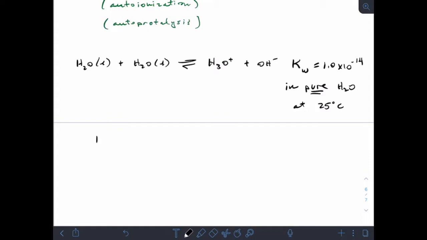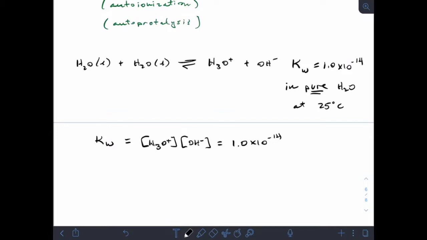So Kw, if we write an equilibrium expression for it, comes out in a very handy fashion for us to use in our acid-base problems. Because our H2O liquid, liquids don't go in a K expression. So the K expression here is just related to the H3O+ and the OH-.